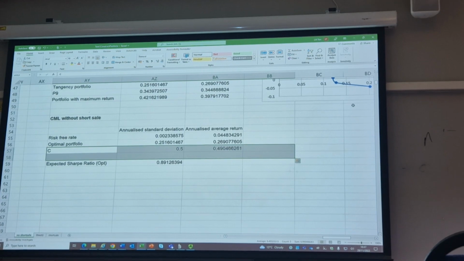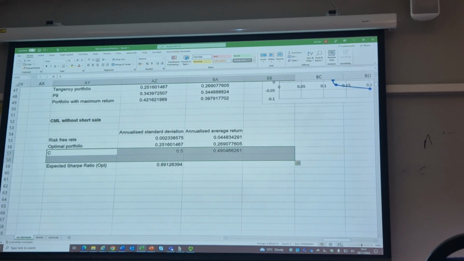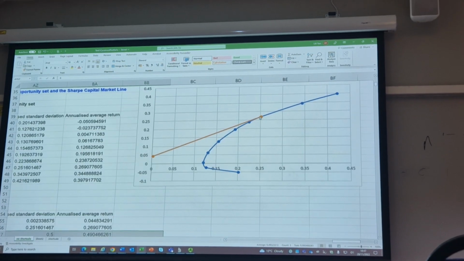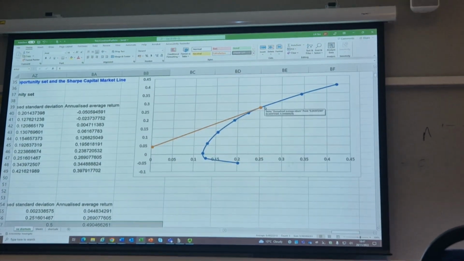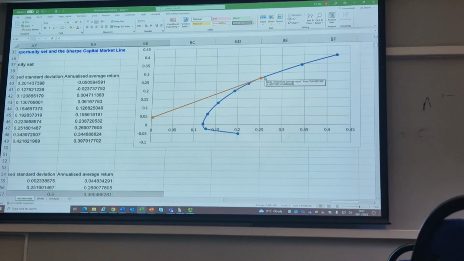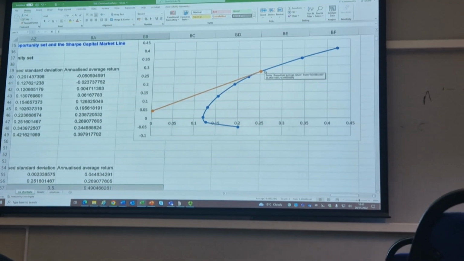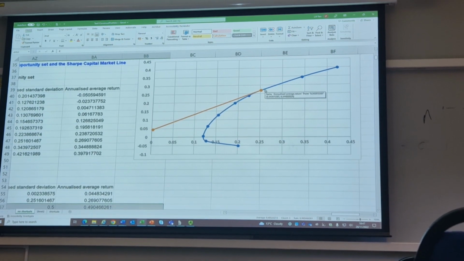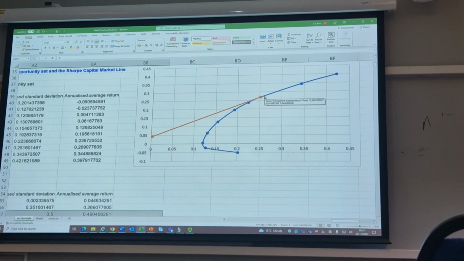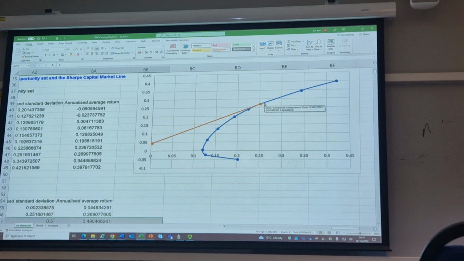If short sales are allowed, then this line should be expanded above, in the part where short sales are allowed. Because I saw on your file that it was one, but I don't know what it is.